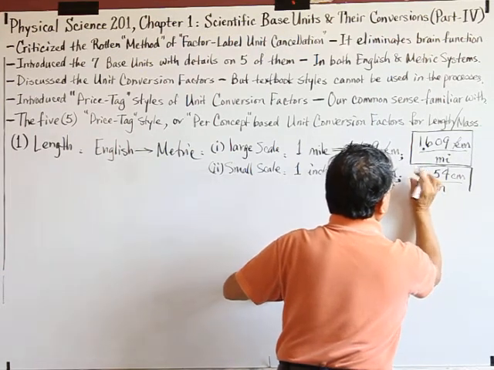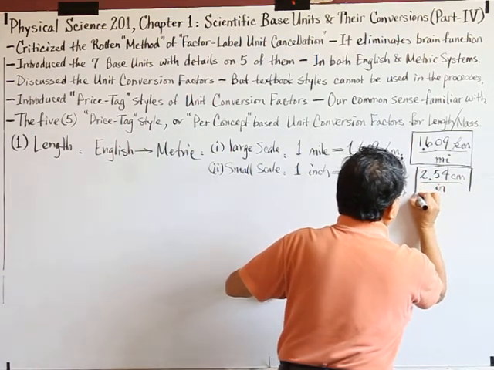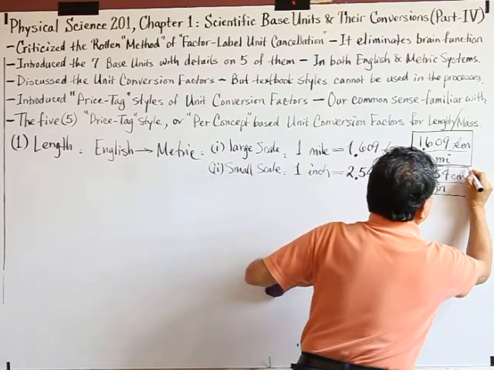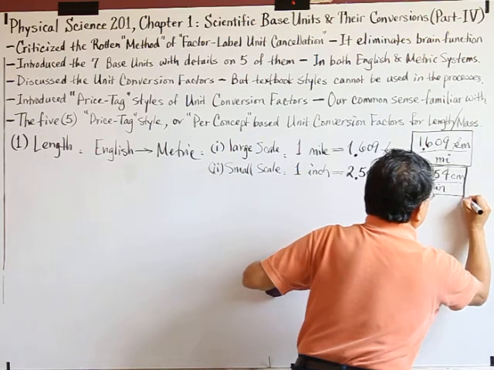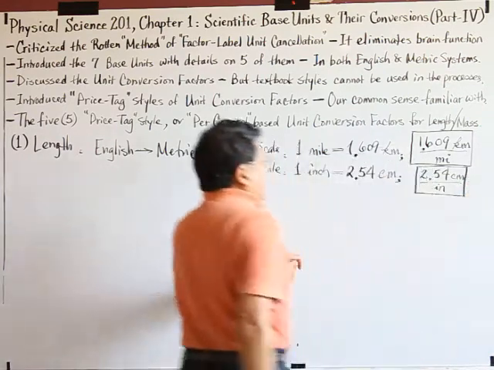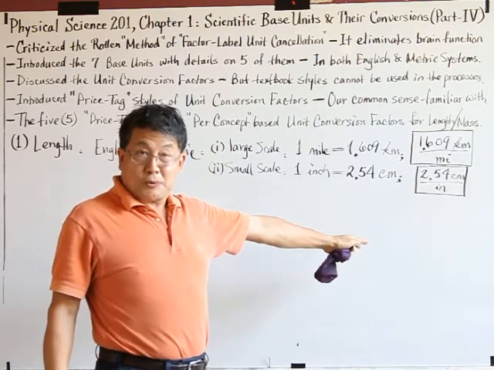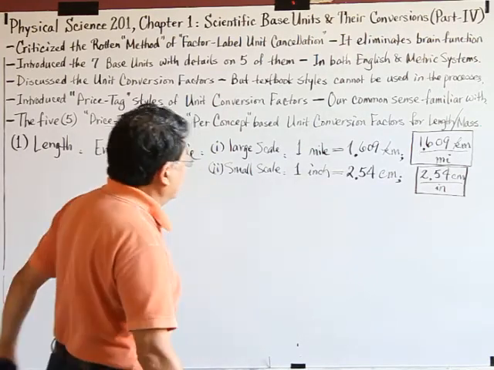That stands for inch. Let me use a box to box this up also. I'll make a smaller box, representing the length smaller scale converting factor in per concept or price tag style. That's the one you use.